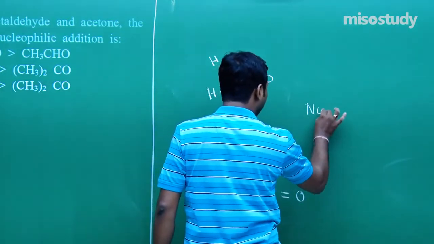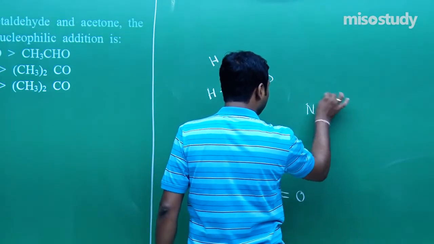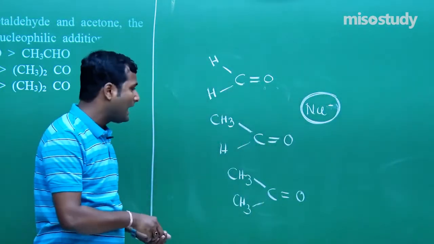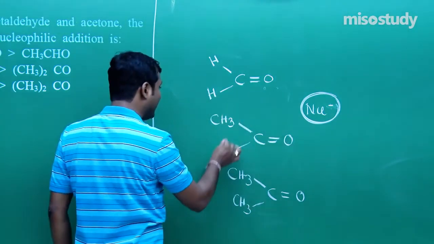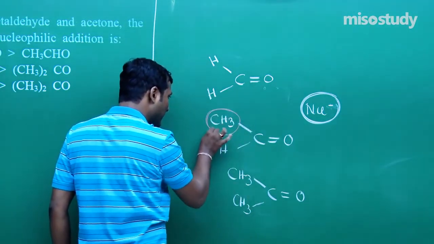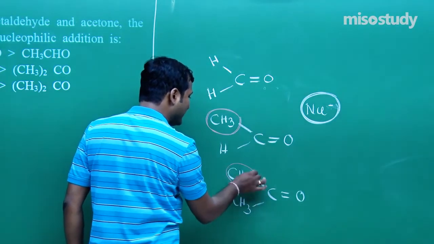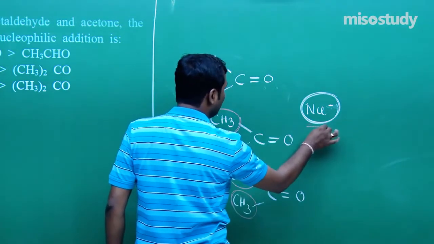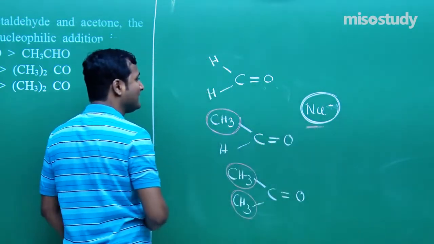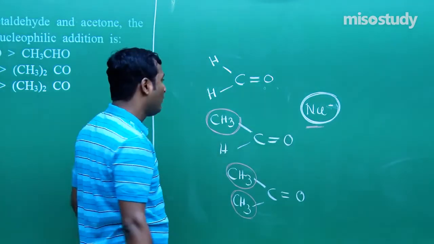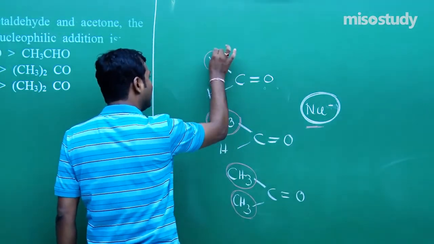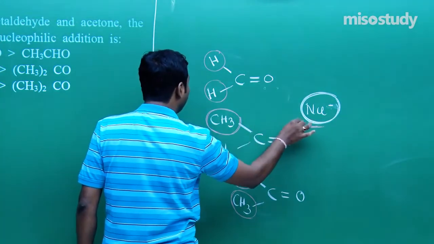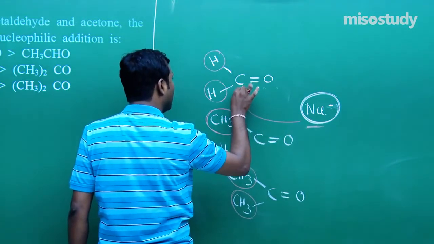Now what will happen? Addition of the nucleophile takes place, so definitely there is a breaking of a bond. As I told you during my lecture, if the number of alkyl groups increases, it restricts the addition of the nucleophile. This is known as the steric effect. In formaldehyde there is no alkyl group, so the nucleophile can easily attack the carbonyl carbon.